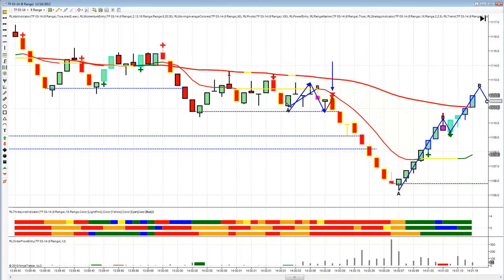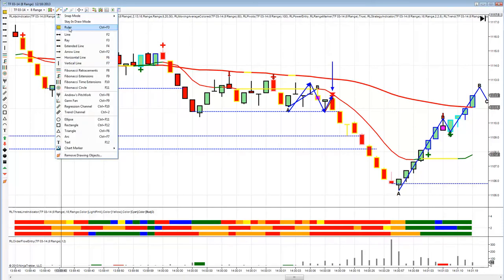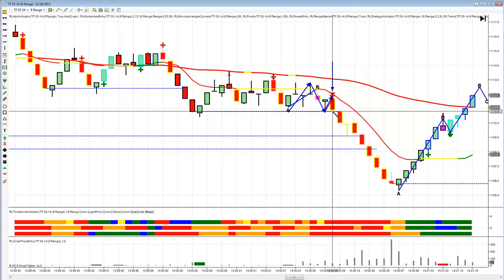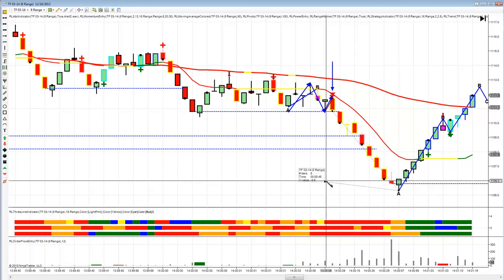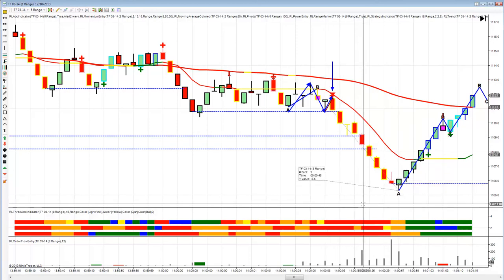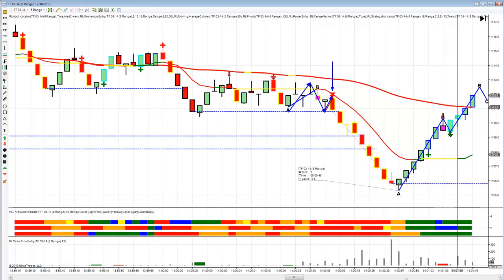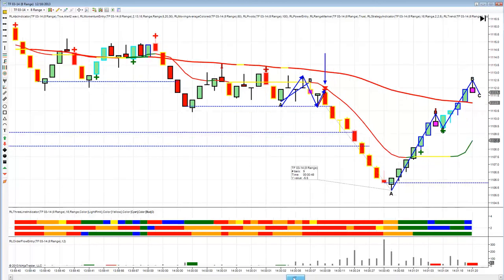And then this candle confirmed the downtrend. And this was a great, great move. That was a 55 tick trade.